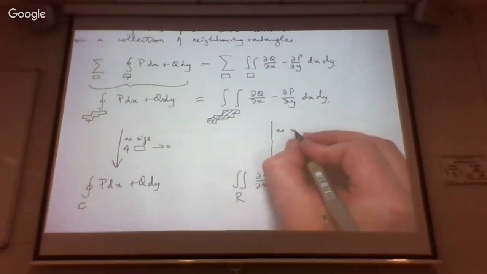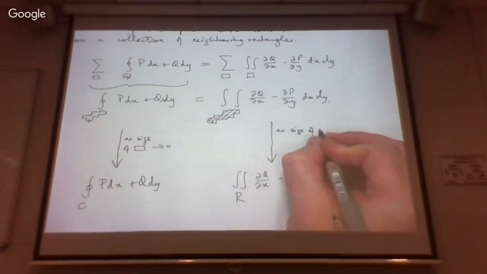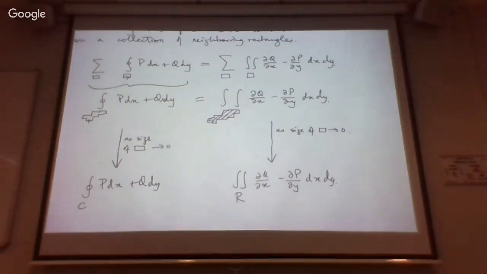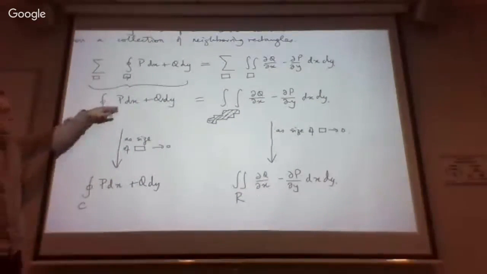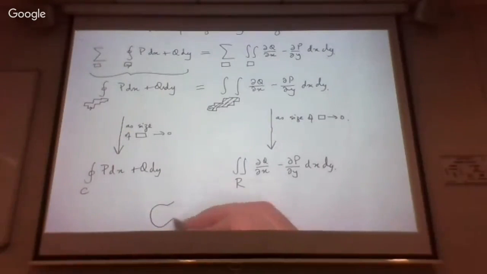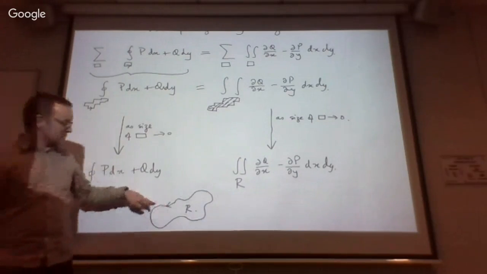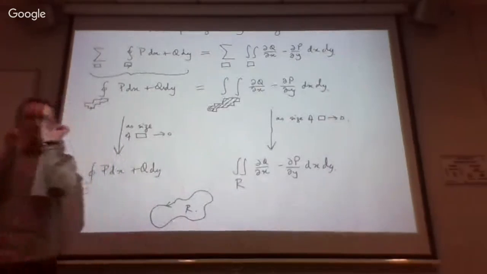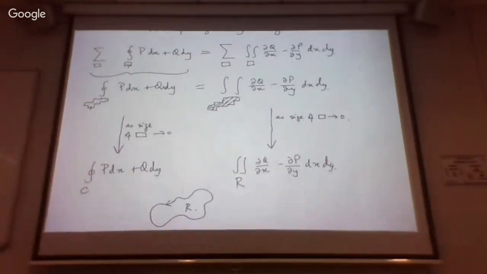So these arrows are convergence statements. As the size of the rectangles goes to 0, this integral will converge to the actual smooth boundary curve of the region, as we're covering this region with squares or rectangles that are getting smaller and smaller.